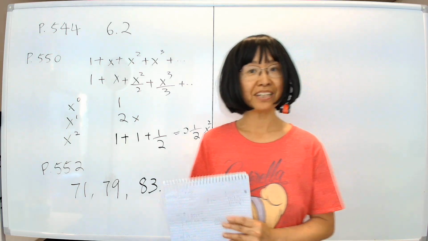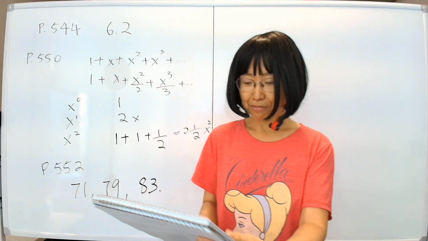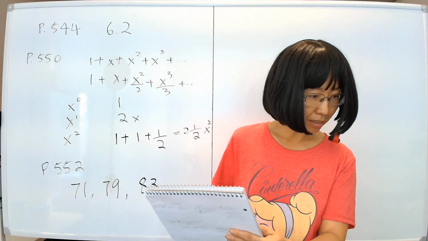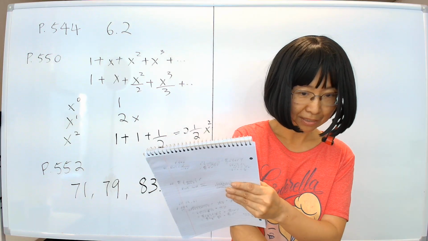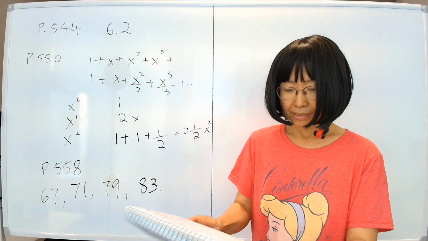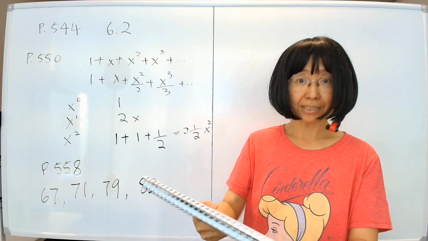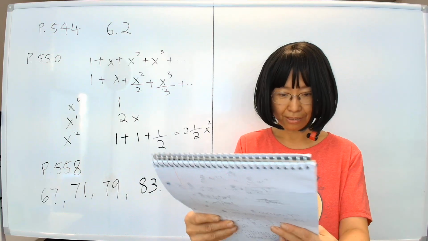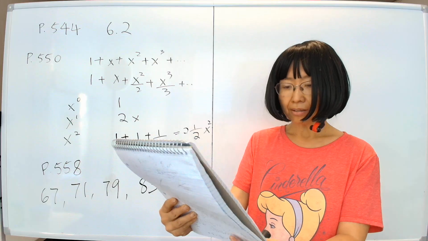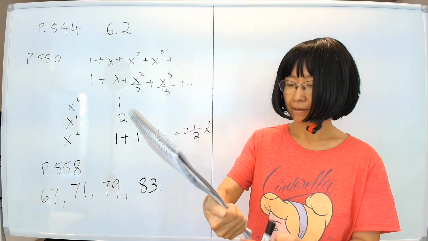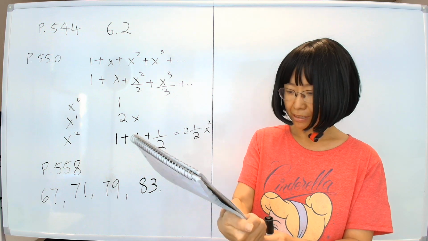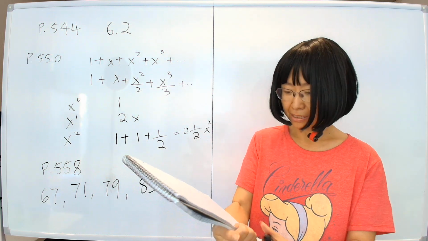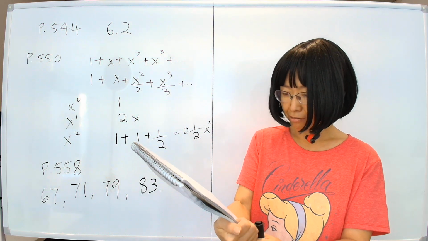Now that you have finished your homework, I want to talk about it. First, I want to talk about problem, what is that? Give me a second, I'm missing something. So let's look at problem 67 first, which I forgot before. Now the problem 67, we have some kind of a fraction, and we're supposed to beat it into a geometric series, power series, by using the geometric series formula.